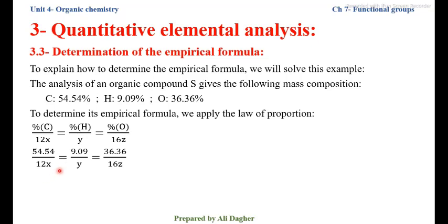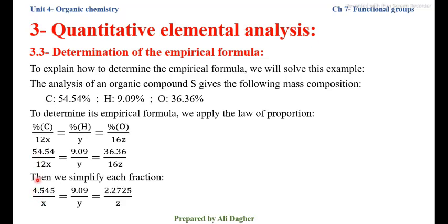Second step, we simplify each fraction. We divide 54.54 over 12, then it becomes 4.545 over x. Divide 9.09 over 1, remains 9.09 over y. We divide 36.36 over 16, we obtain 2.2725 over z.